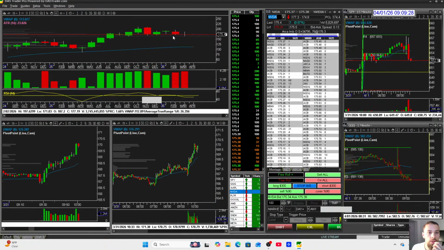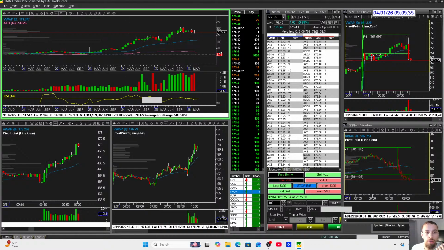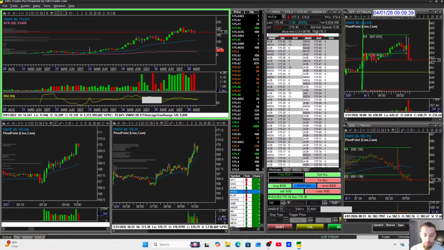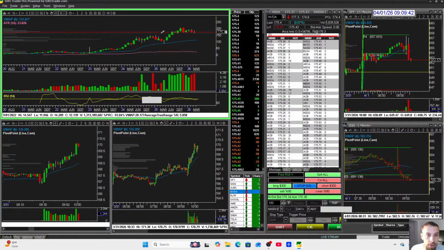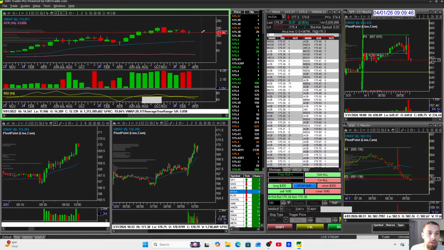Nvidia, a bit of an indecision candle, lots of volume here, so much volume. Can't break out of this range yet. Nvidia does not want to go down with the market, that is for sure. The buyers have really been able to hold this price up.